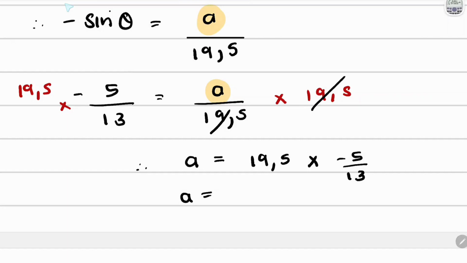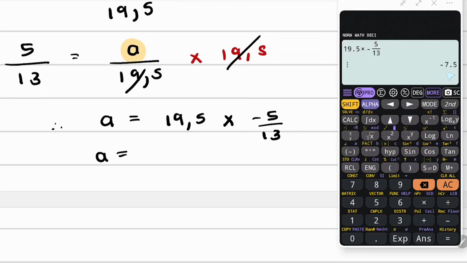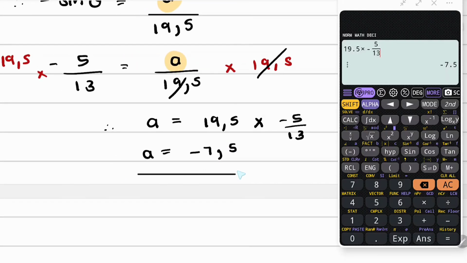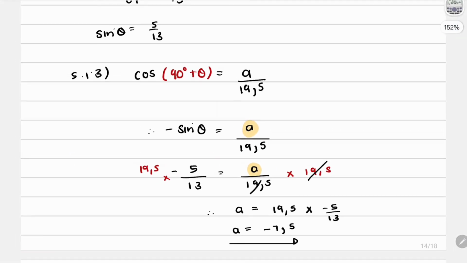So let's go ahead and do that. And that gives us, well, you can put it as a fraction if you want, but as a decimal, it gives us negative 7.5. And that is our value for A. Okay, moving on to the next set of questions.